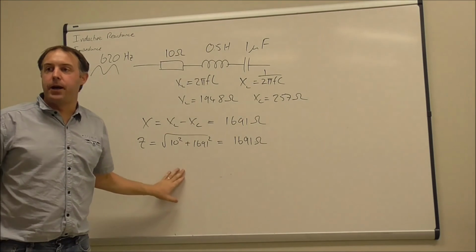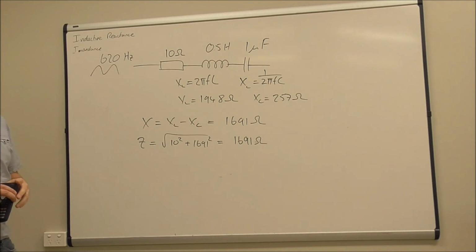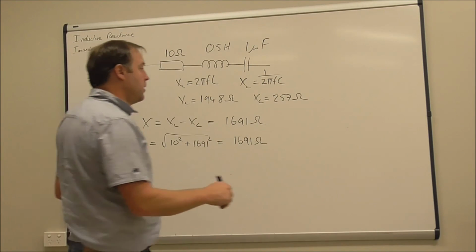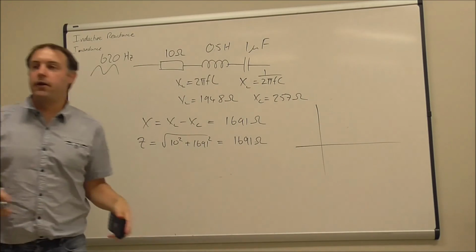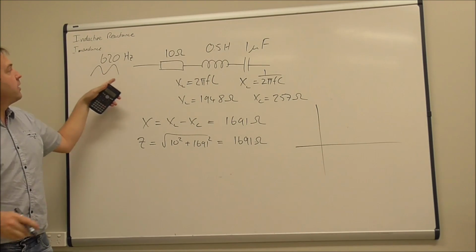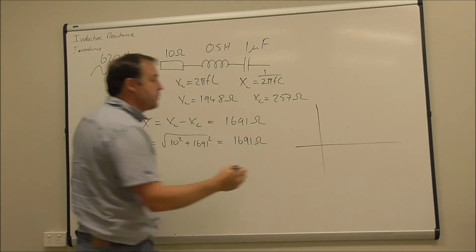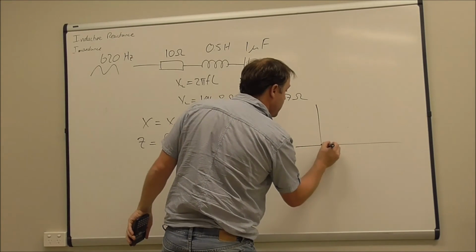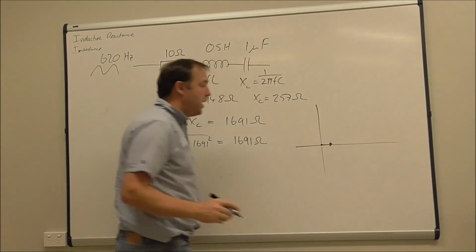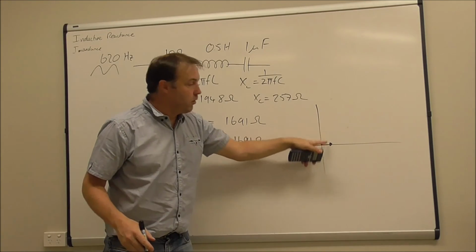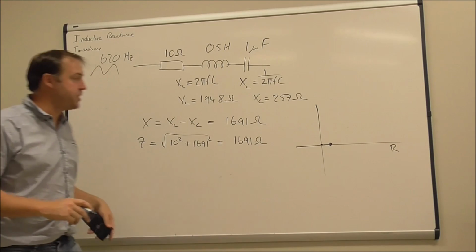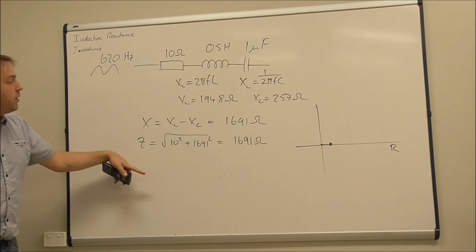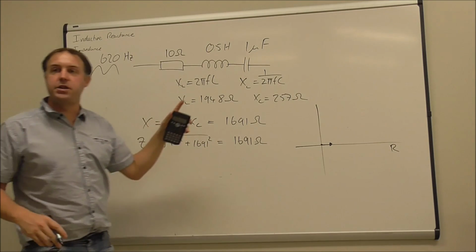One thing before we wrap it up, just quickly. The resistive component is always going to be the 10 ohms along the real plane, the resistive plane. The reactive component is going to change depending on the frequency.